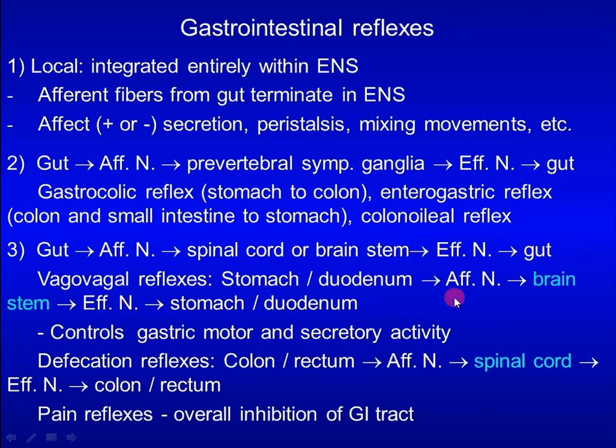In this case, the signals are transmitted to the brain. Defecation reflexes that produce powerful colonic, rectal, and abdominal contraction required for defecation. In this case, the signal is transmitted to spinal cord. And finally, pain reflexes.